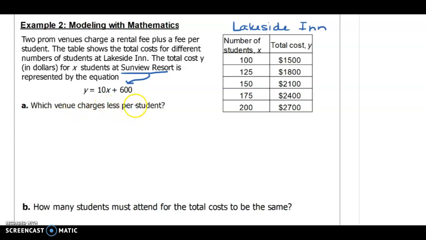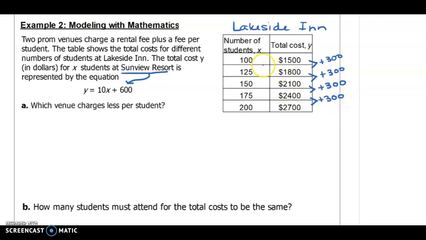All right, the first thing we want to do is find the equation for Lakeside Inn. I want to get the slope first. Notice this is an additional 300, this here is an additional 300, this here is an additional 300, and this here is an additional 300.